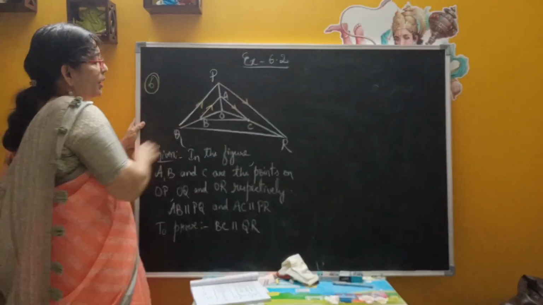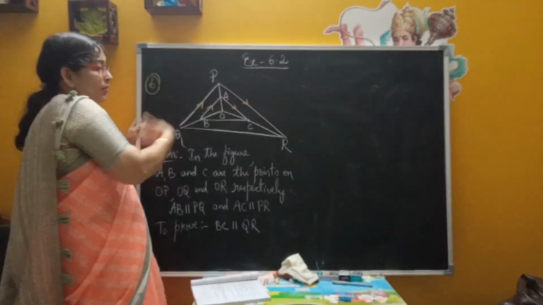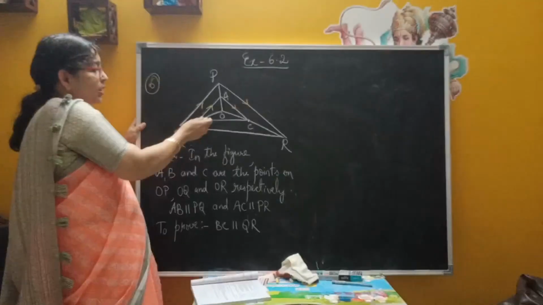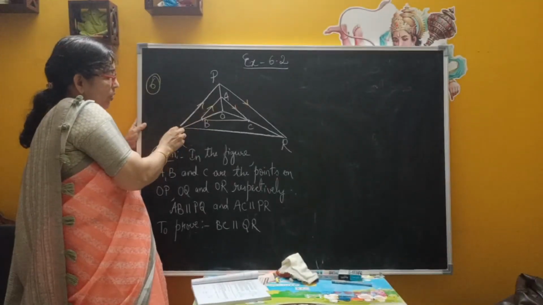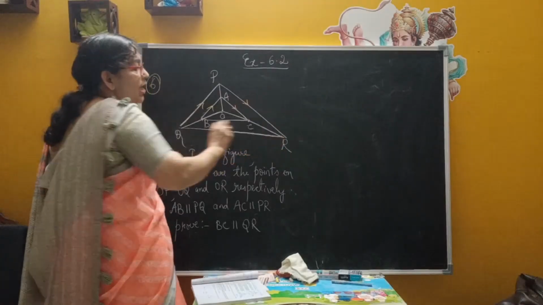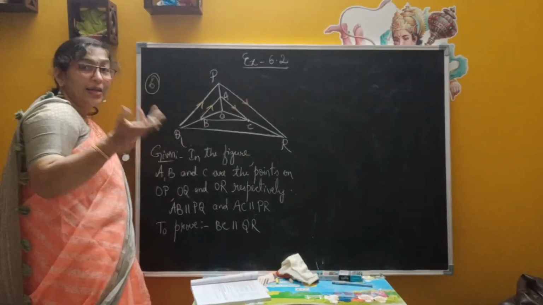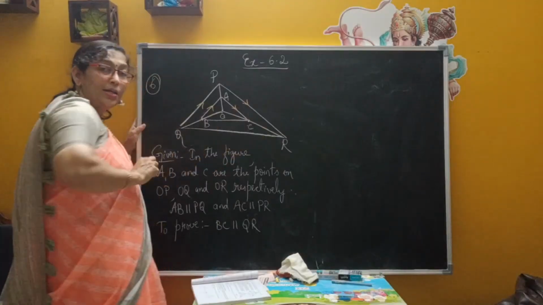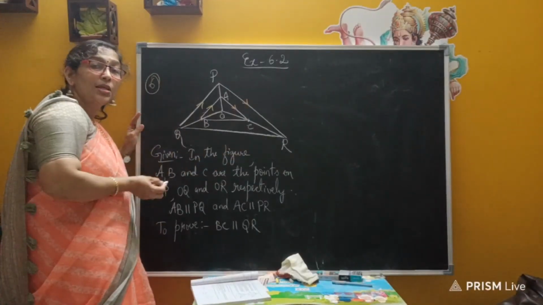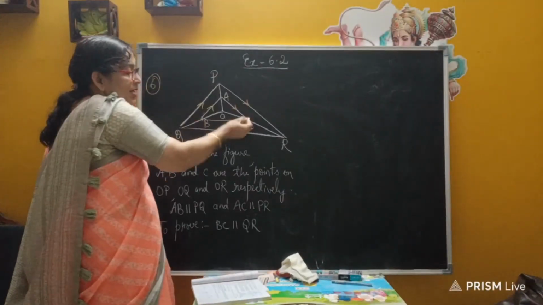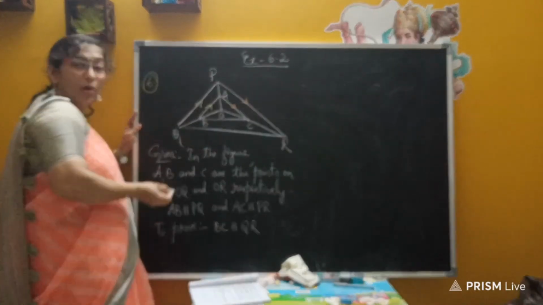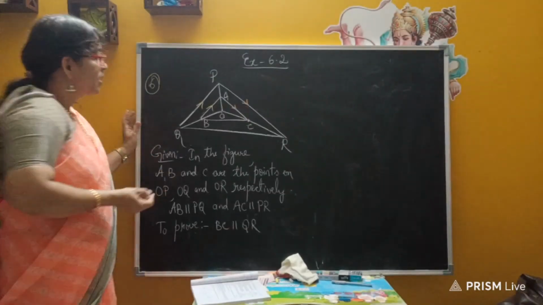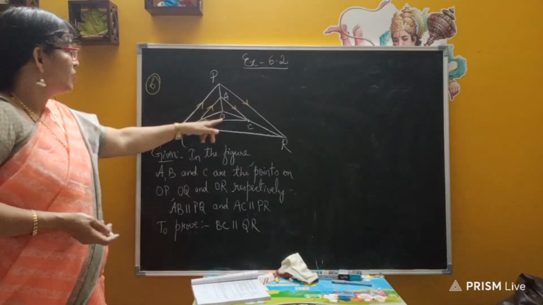Then if they get cancelled, we write OB by BQ is equal to OC by CR. Then what do you say? The ratios of the sides of the triangle OQR are equal. If the ratios are equal, BC is parallel to QR. Very simple.